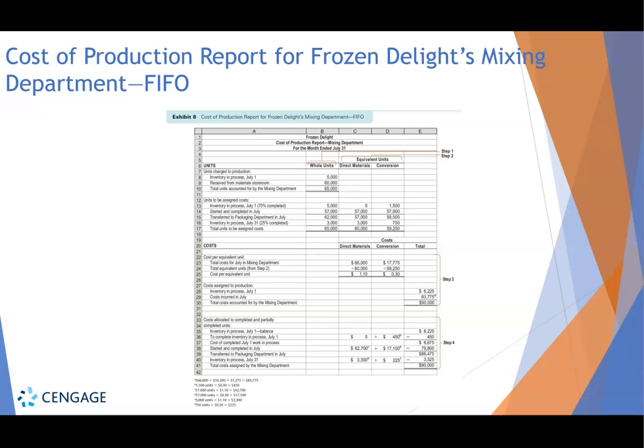The mixing department was responsible for $90,000 of production costs during July. The cost of goods transferred to the packaging department in July was $86,475, and the remaining $3,525 is part of the in-process inventory as of July 31st.